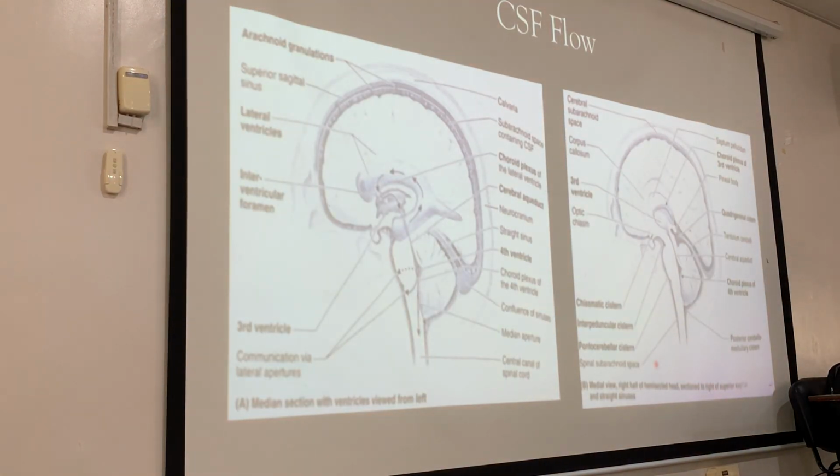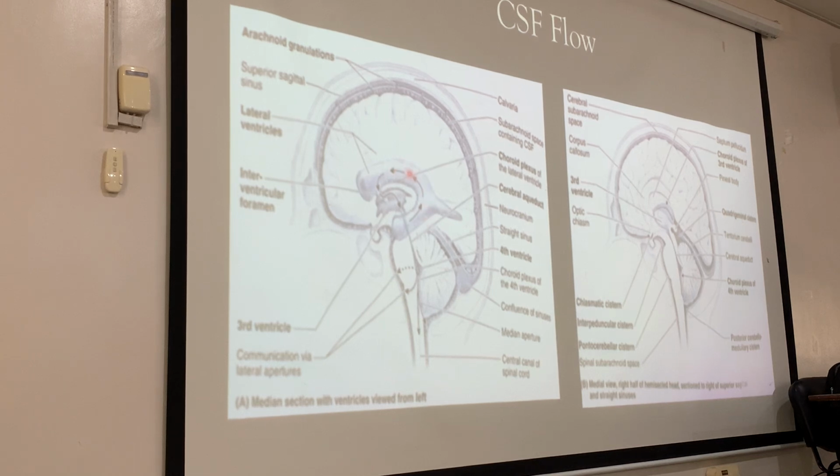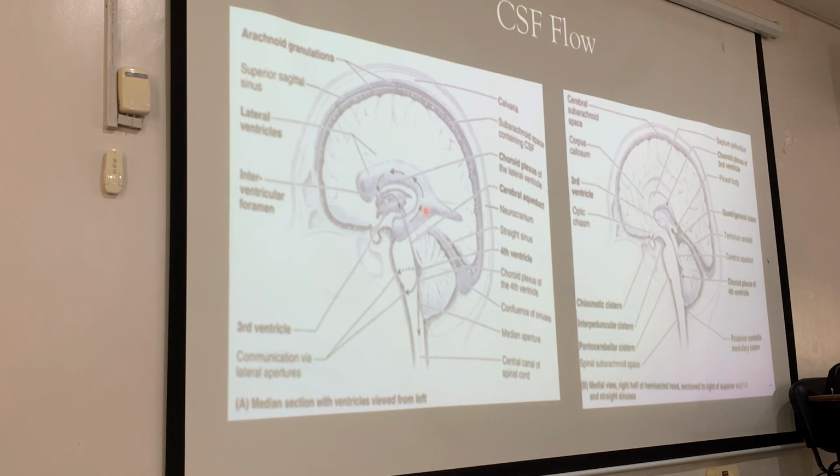Okay, so this is again from Moore. So we have the lateral ventricle here inside the left cerebral hemisphere. The lateral ventricle has choroid plexus, which will produce CSF. So CSF is produced from the choroid plexus in the lateral ventricles here.